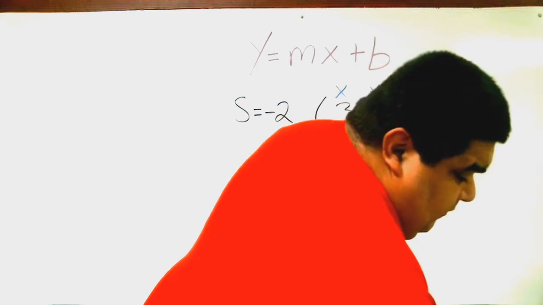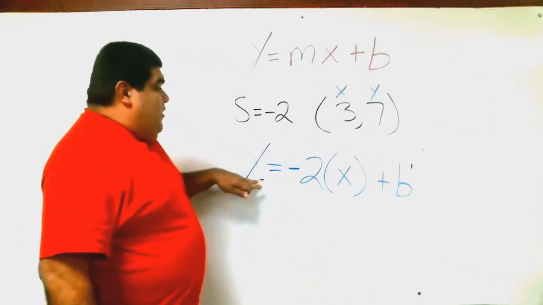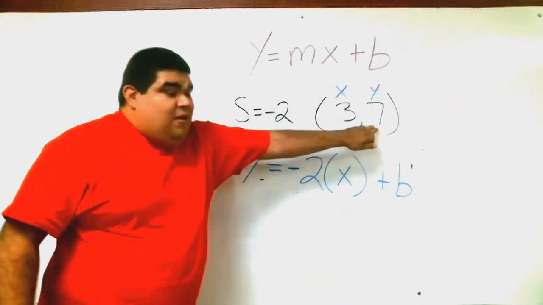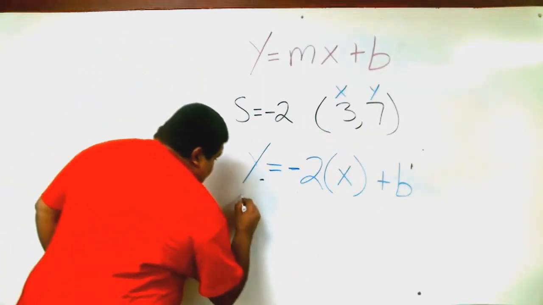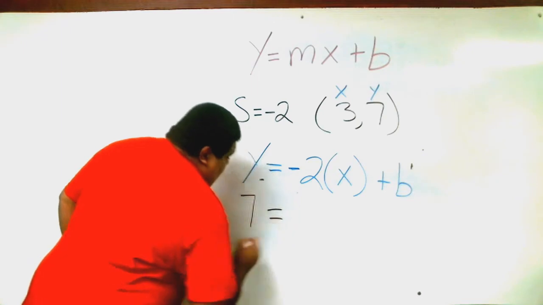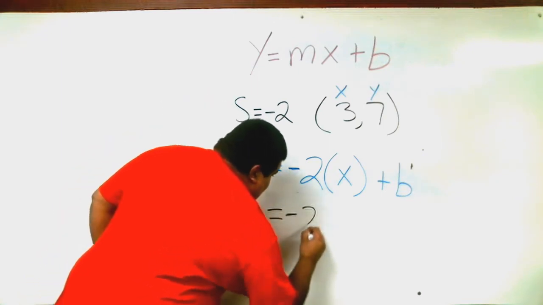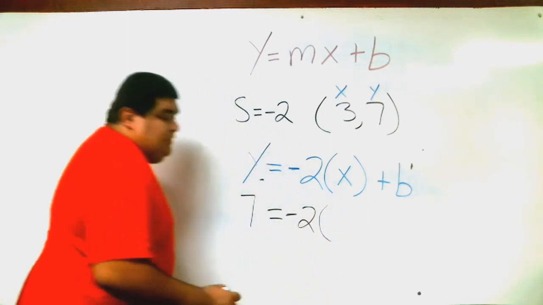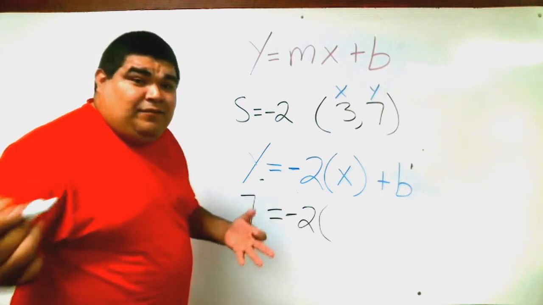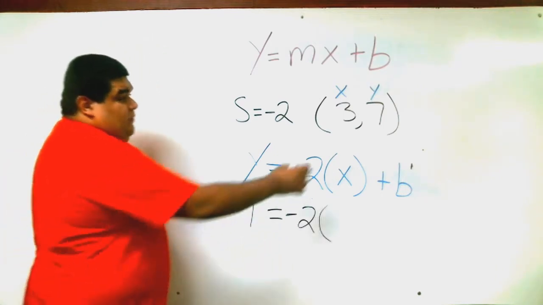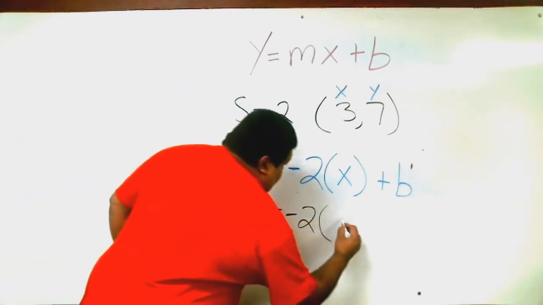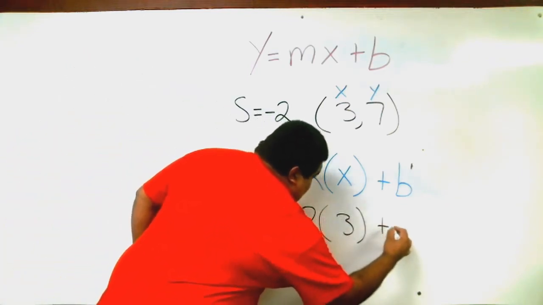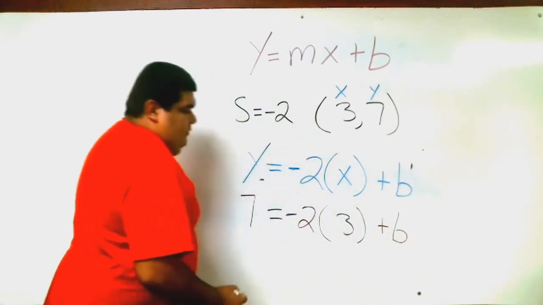We know y is 7 now, so we can say 7 equals -2(3) plus b.